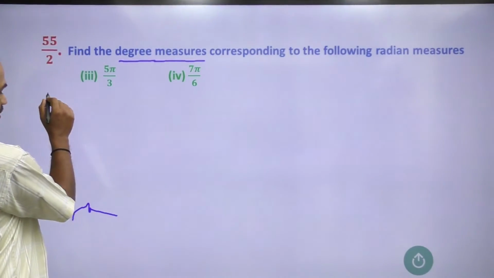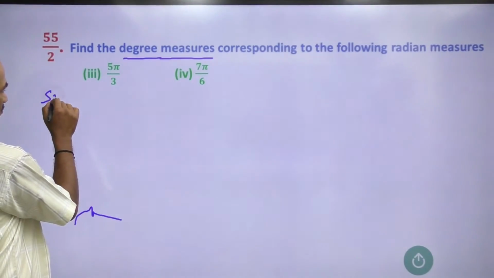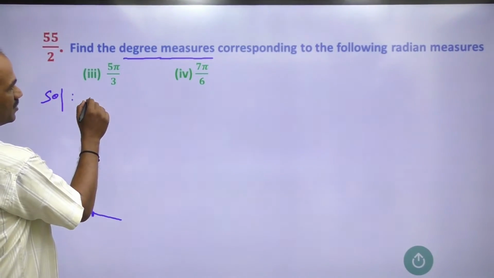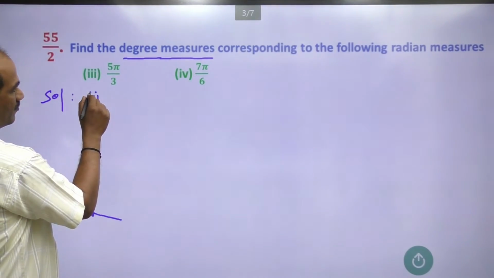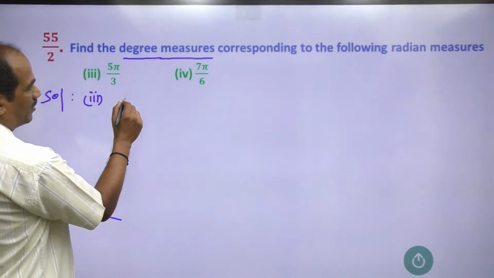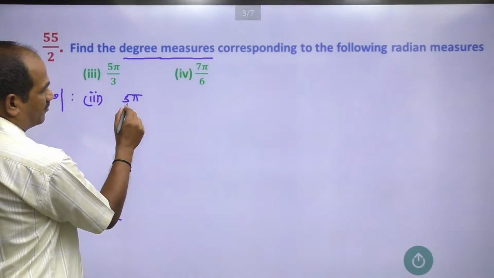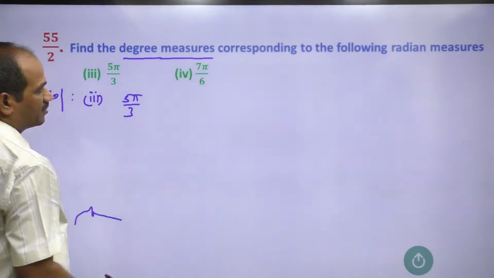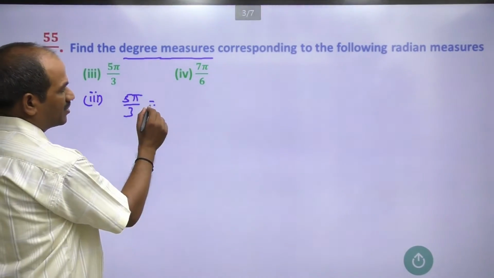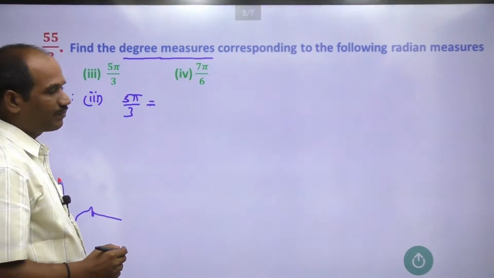In the solution, in this third question, 5 pi by 3 radians is equal to... find a degree measure. Degree measure means multiply by 180 by pi.